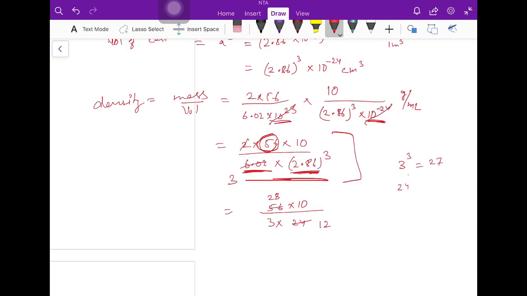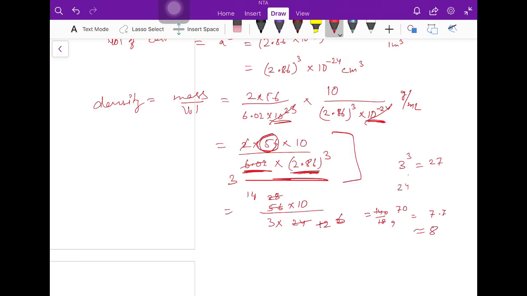There is no cancellation. 2 sixes are 12, 2 fours are 8, then this is 140, this is 18.7 something.